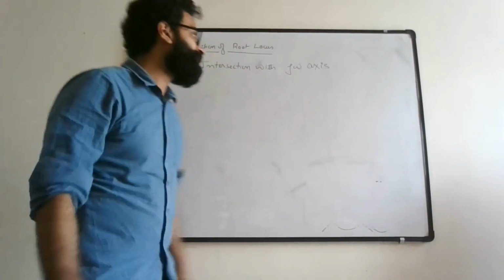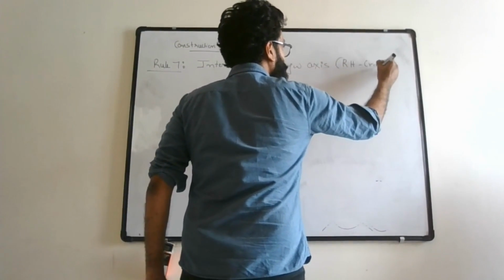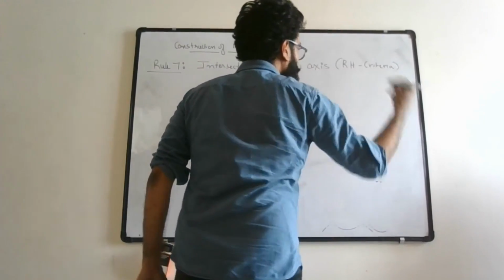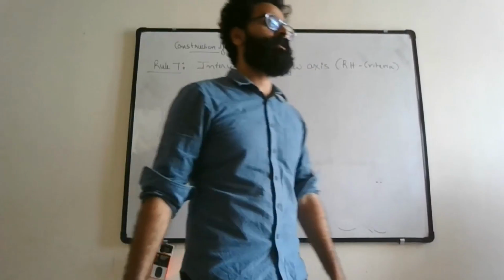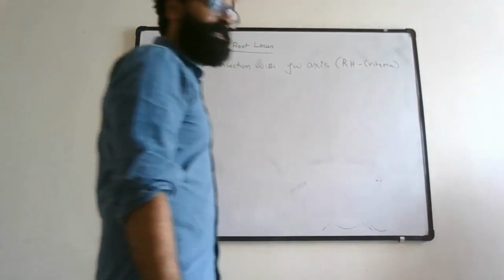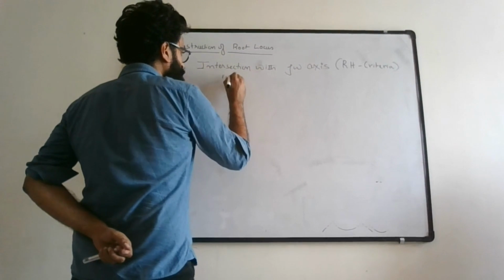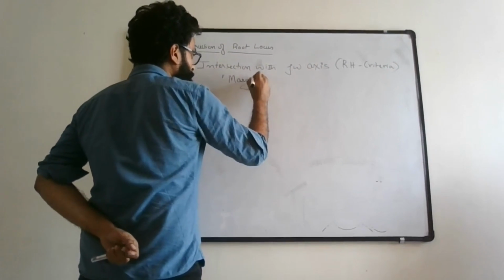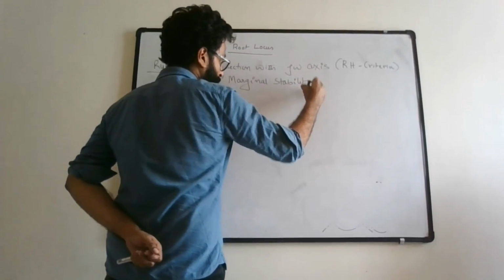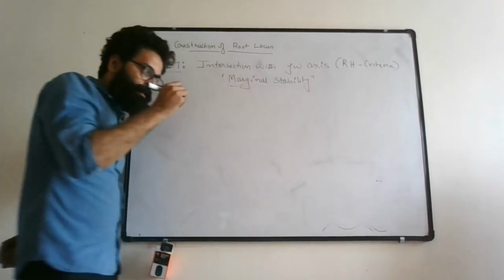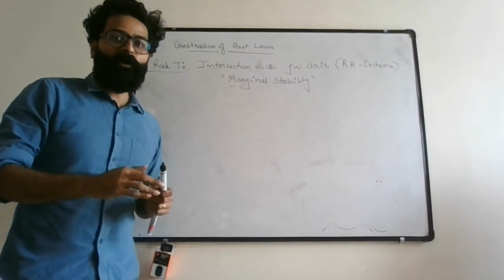Any guesses? RH criteria. In RH criteria, we have heard about the intersection with the j omega axis, and this has something to do with marginal stability. Because only at marginal stability, the system tends to be neither stable nor unstable.